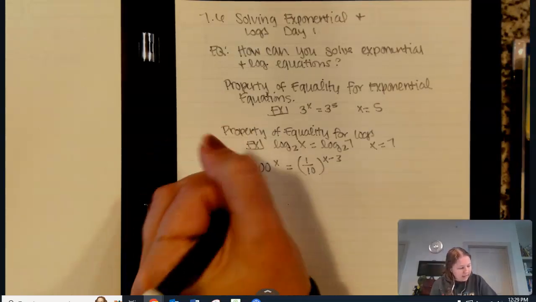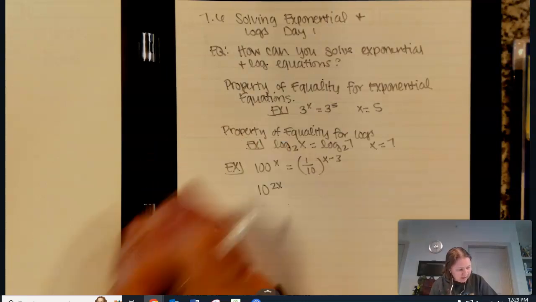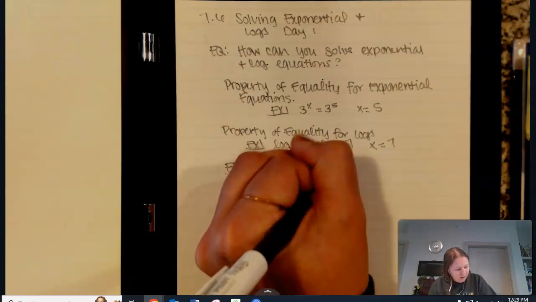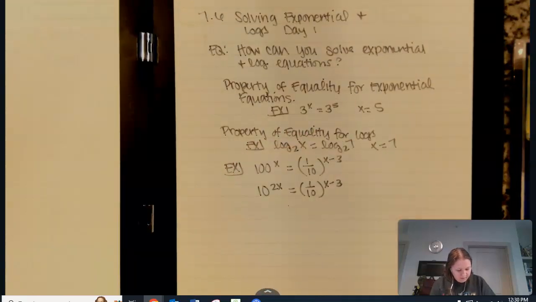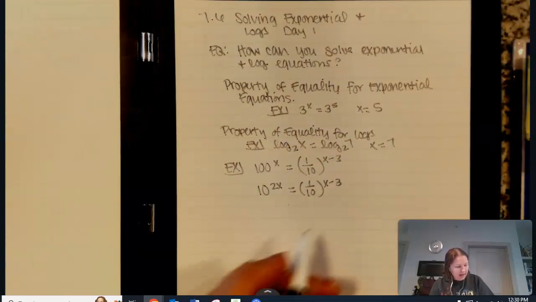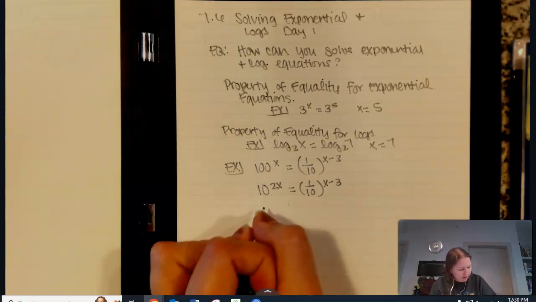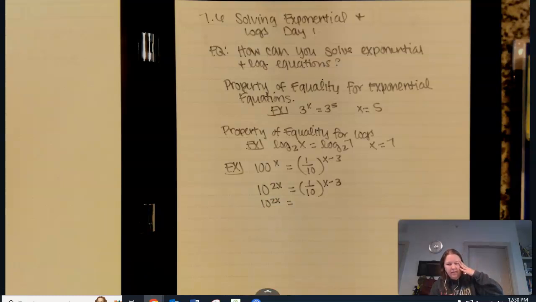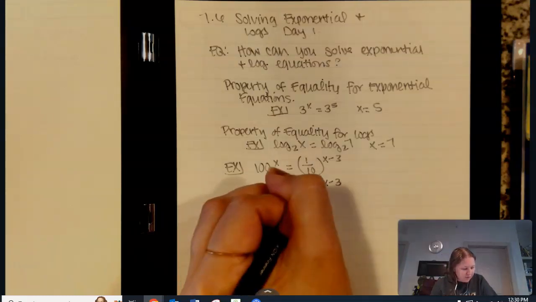I could rewrite 100 as 10 to the 2x, and then I could rewrite 1/10 as something. We want to think about what we know about these numbers and what they have in common so that it's easier to solve.